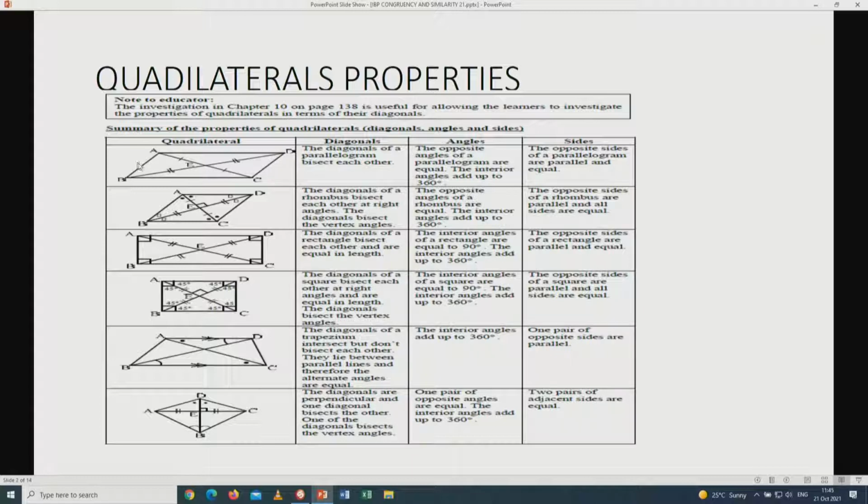This side equals this side: opposite sides of a parallelogram, sides facing each other, are equal. Therefore, we've got three sides equal there. And of course, this angle, a vertically opposite angle, is equal to this vertically opposite angle.